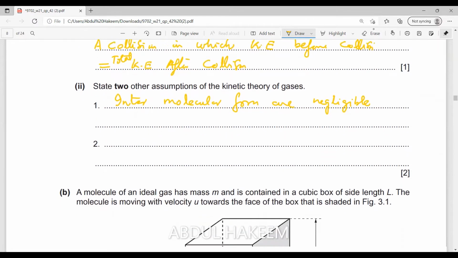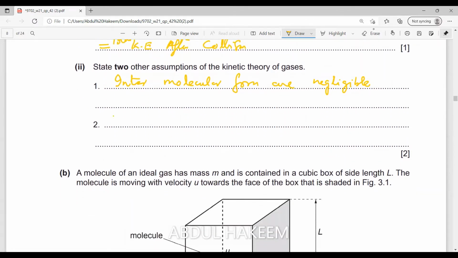And the second is pressure is exerted due to collision of molecules with the wall of the container.